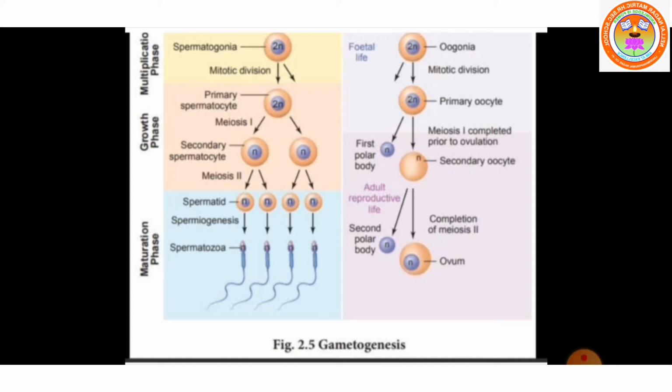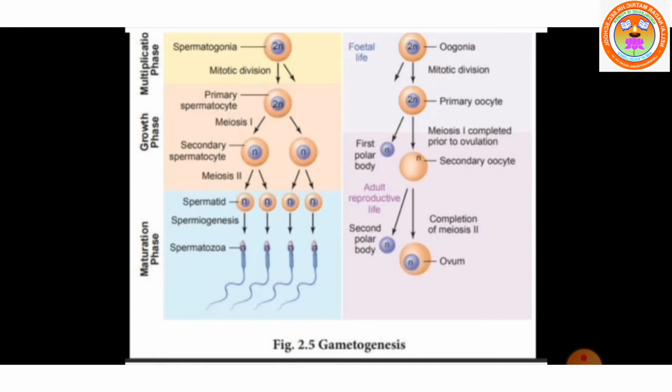So next process is called oogenesis. So here female gamete or ovum or egg is developed from the ovary, that is the female primary sex organ. It is said to be oogenesis. During fetal development, certain cells in the germinal epithelium of the fetal ovary divide by mitosis and produce millions of egg mother cells or oogonia.